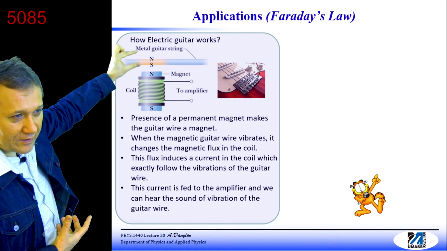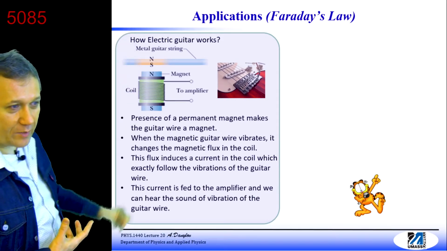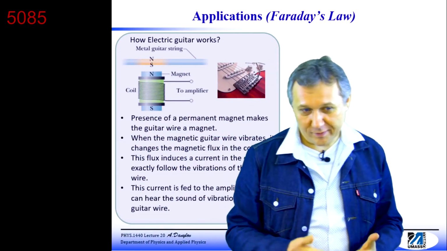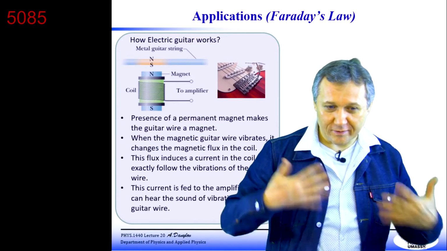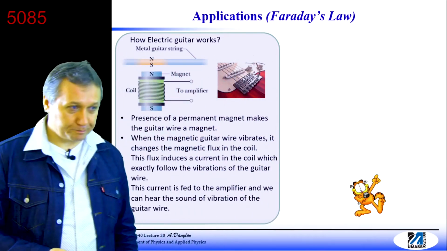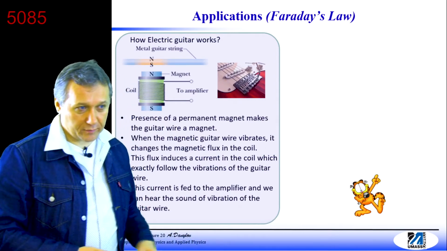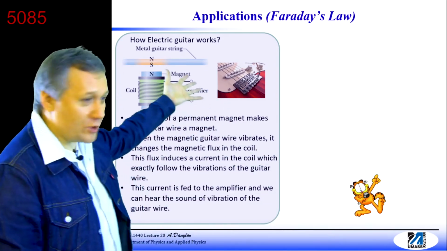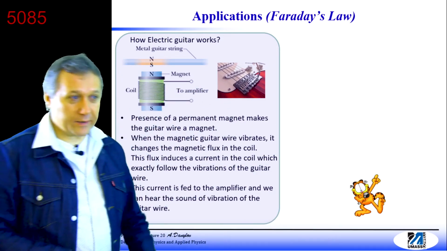But this magnet, since it moves up and down, makes the flux change, and it produces current in the coil. So that's how a guitar works. Mechanical oscillations of the string get transformed into electrical oscillations of the current. Cool, right? Direct applications of Faraday's law.